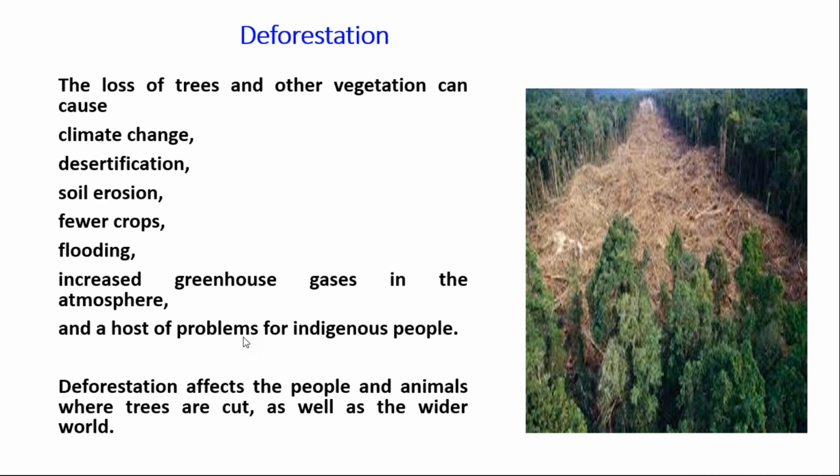If the quantity of CO2 is more in the atmosphere, then again the heat holding capacity and the temperature are going to increase. So the greenhouse gas effect as well as global warming is increased due to deforestation. Deforestation affects the people and animals where trees are cut as well as the wider world.